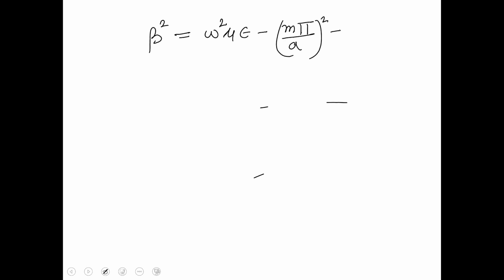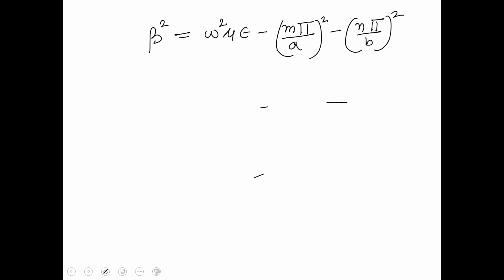If we take a look at the dispersion relationship, beta square equals omega square mu epsilon minus m pi by a square minus n pi by b square.